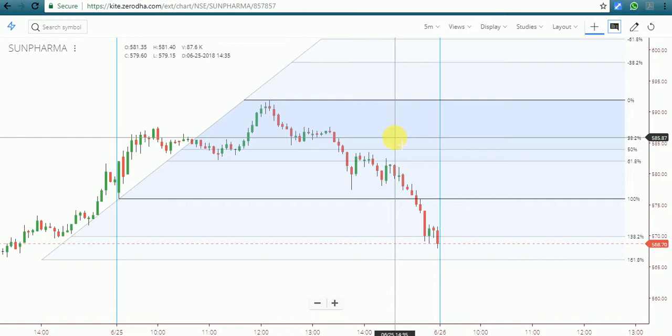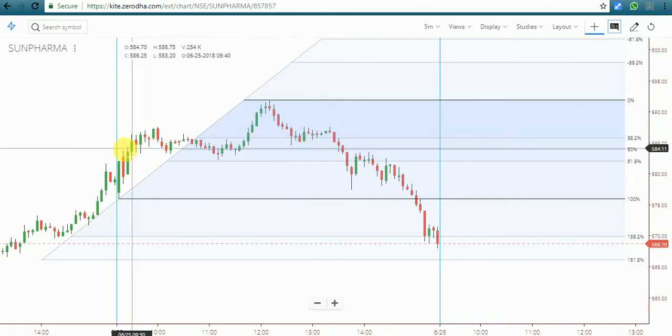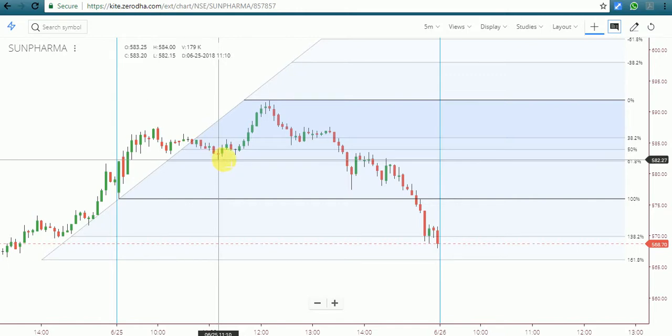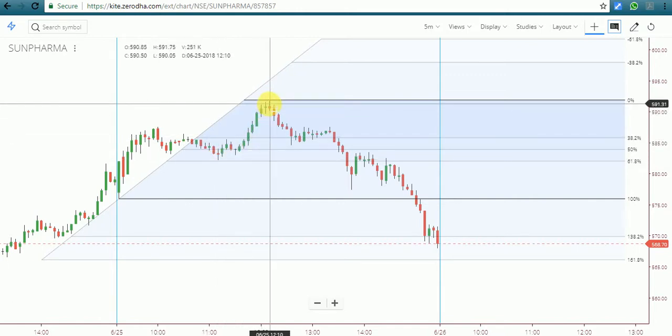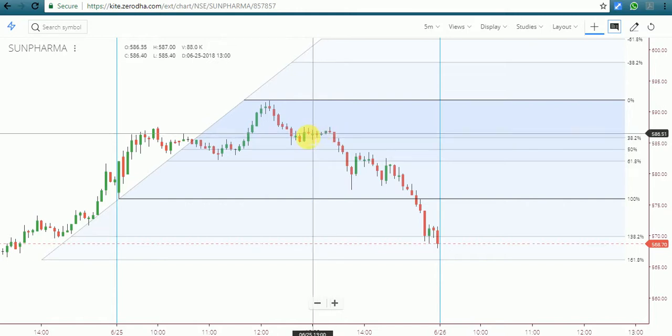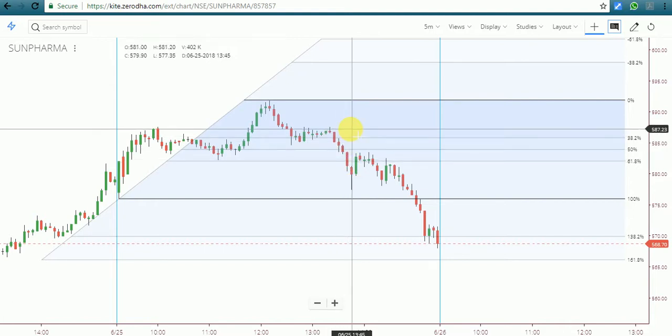But there is more risk to short here, because it already reversed here, then bounced back, tried to move up again, but failed. Then it sustained here for maybe half an hour, then fell back. But I don't prefer to take it here, because it's a risky trade.